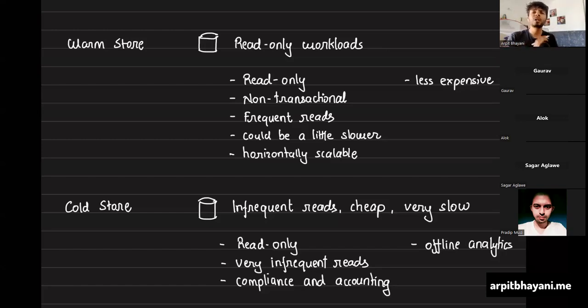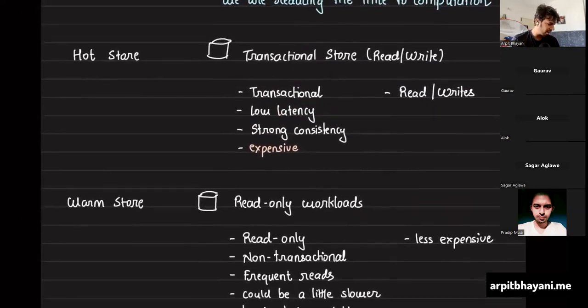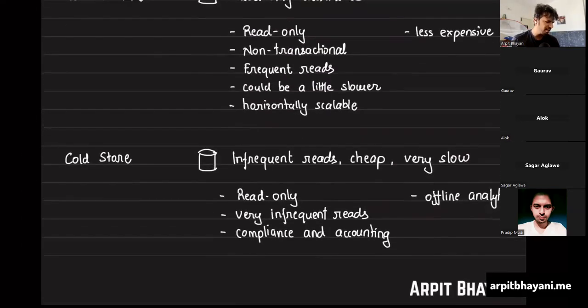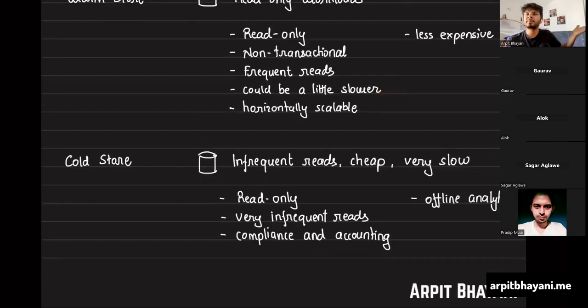For example, you are more likely to read your last 6 months of orders, right? Beyond that, very unlikely. So the last 6 months of orders can be put into warm storage when you are frequently reading that particular data. It can be a little slower, not as fast as the hot store, but it needs to be scalable enough.